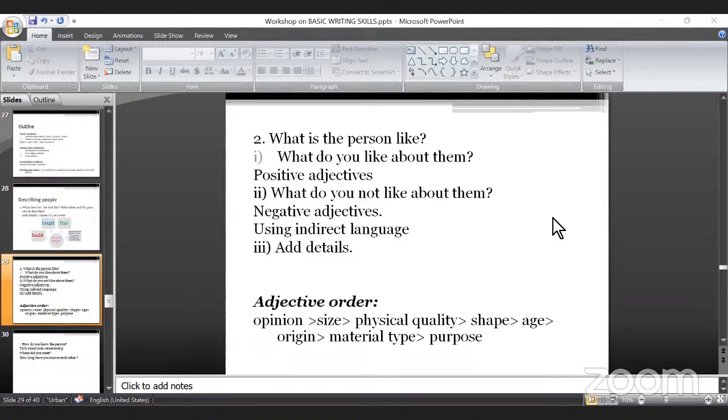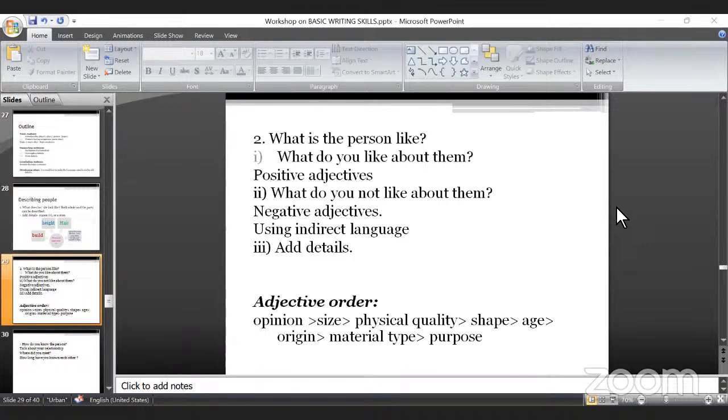When you're using negative adjectives, one thing you have to keep in mind is to try and keep it a little indirect. If you're writing as a creative writer, then none of this matters because you really need to etch out the character well. But if you're writing for professional purposes, even about somebody or something you do not like, you will have to keep away from using too many negative words.